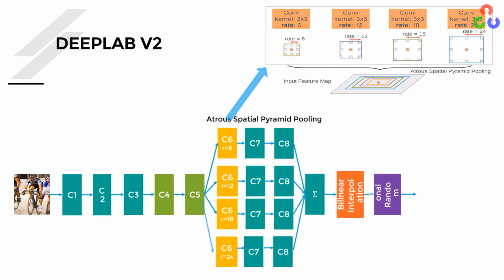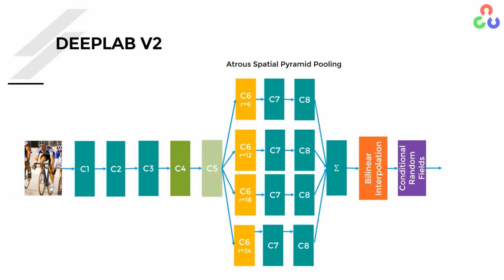It says that whatever feature map we get here, we can look at that feature map at different resolutions by changing the dilation rate of the filters used. And we should be looking at this feature map at different resolutions to make a decision, right? So we have multiple versions of this C6 layer with different dilation rates: 6, 12, 18, and 24.